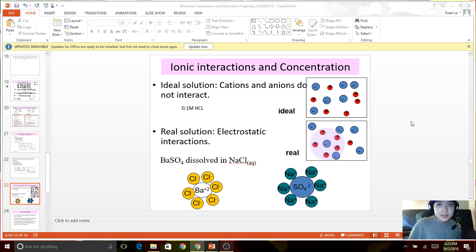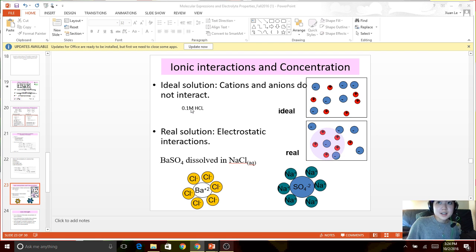So usually cations and anions do not interact, but of course there are some exceptions. If we had something like 0.1 molar hydrochloric acid, we would expect to see a hydrogen ion concentration of 0.1 and a chloride concentration of 0.1.